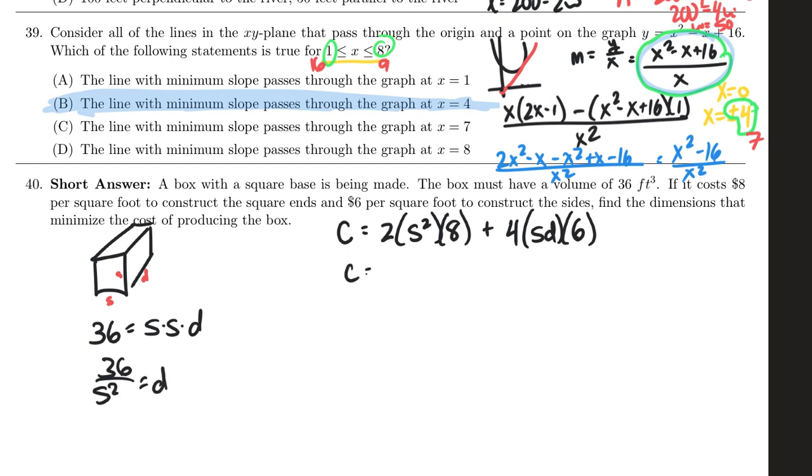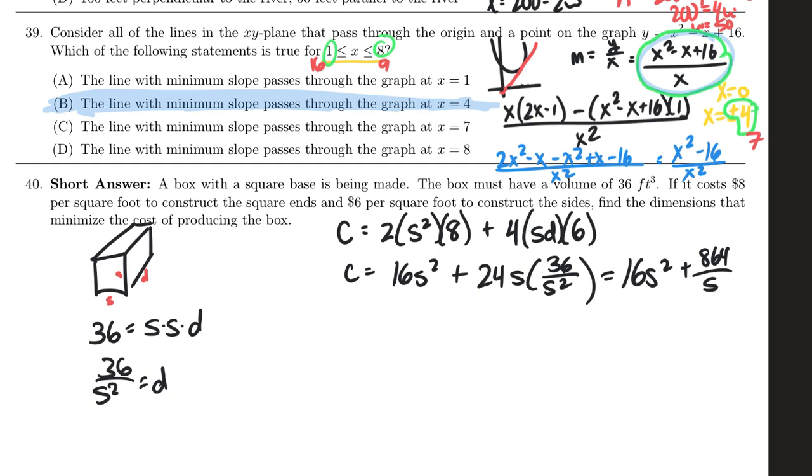All right, and now I can plug that into my function. Combining things, 24 times 36 is 864 over s. All right, so that's my cost function.